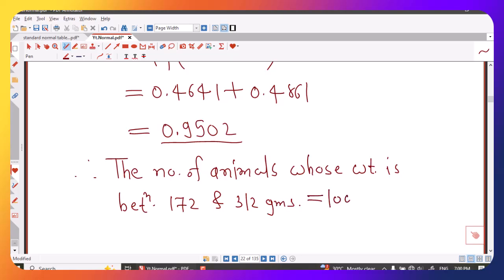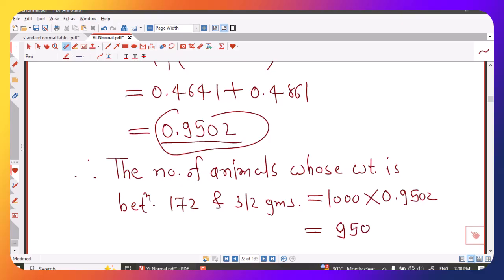So that is equal to the number of animals multiplied with this probability that we have obtained as 0.9502, and this turns out to be 950.2, but if I round off, this is going to be 950. So approximately there are 950 animals whose weight is between 172 and 312 grams.